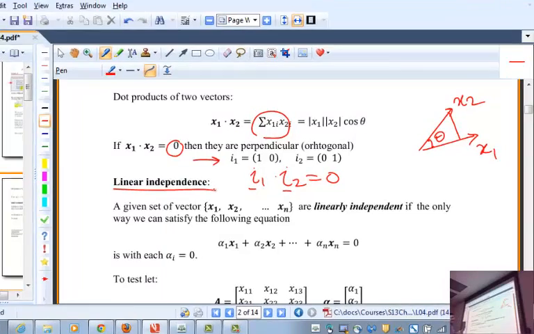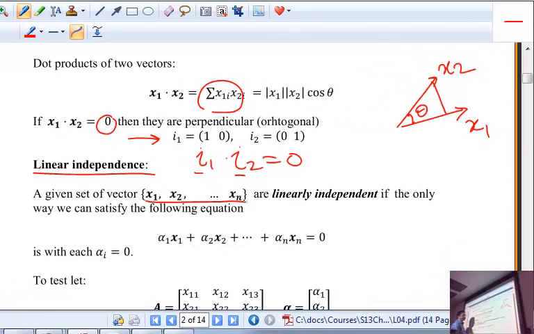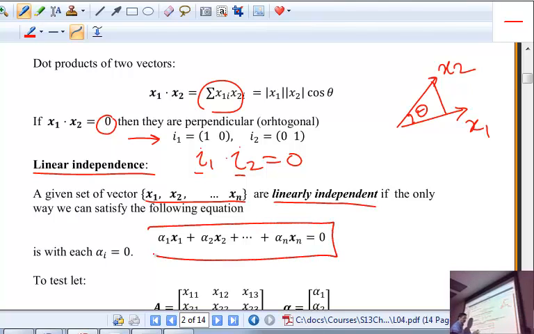If you give me a set of vectors x1, x2, xn, okay, we say that they are linearly independent if the only way I can satisfy this equation, where I'm making a linear combination of every one of those vectors x1, x2, xn, by multiplying it with some number alpha 1, alpha 2, alpha n. Okay?